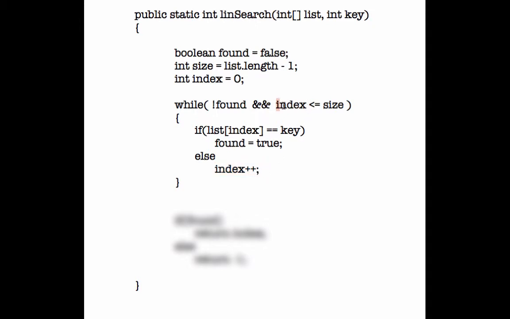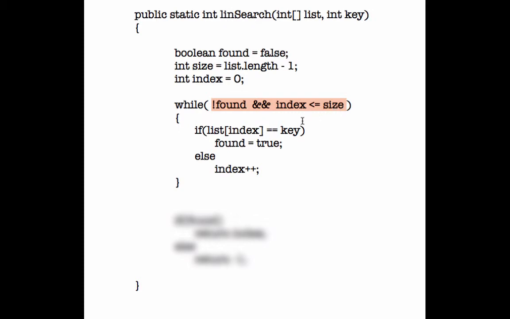So I'm going to create this condition that says, let me compare the value of the index that I'm currently using, and let me make sure that the index value is less than the size of my collection. Okay? So what happens when index is greater than the size of the collection? Then this condition will be false. And again, because that condition is false, this whole condition will be false, and the loop stops.